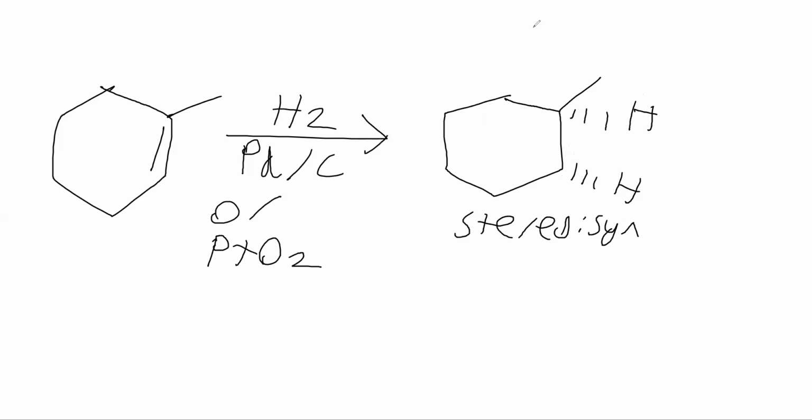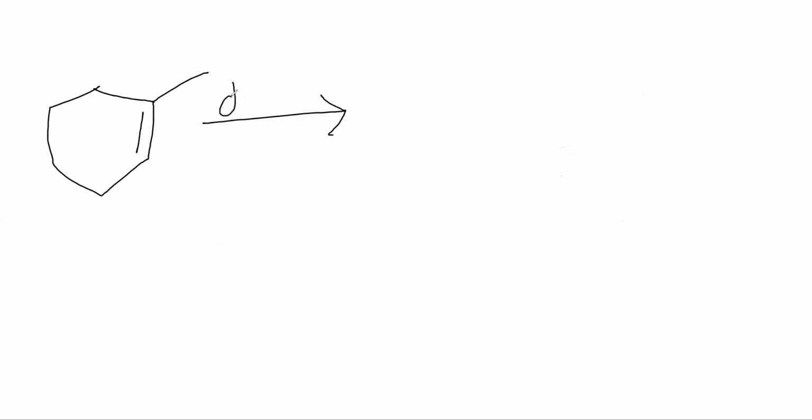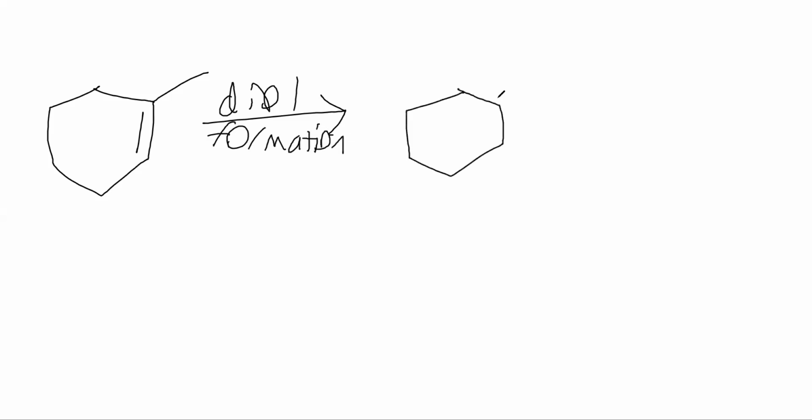And then one last set of reactions. I showed you guys a few ways to form a diol, so I'm just going to say diol formation. It doesn't matter which one you choose. Starting with a double bond, you can form a 1,2-diol.